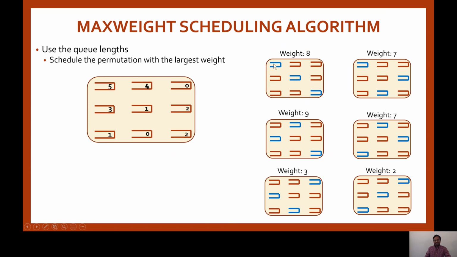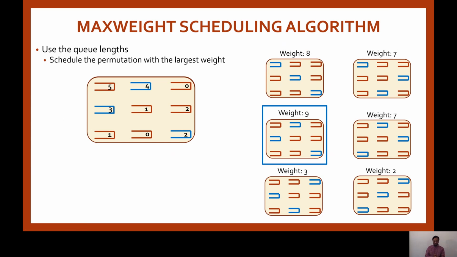For this permutation, the weight is the sum of these 3 diagonal queues: 5 plus 1 plus 2 is 8. For this one, it is these 3 queues, so it is 4 plus 2 plus 1, which is 7, and so on. Now, among all these 6 permutations, the maximum weight is 9, which corresponds to this schedule. So we go ahead and schedule those particular queues.